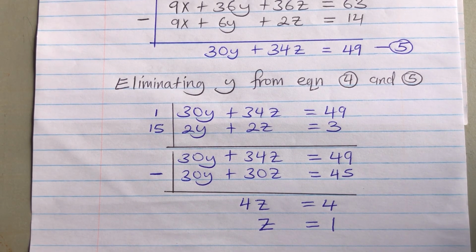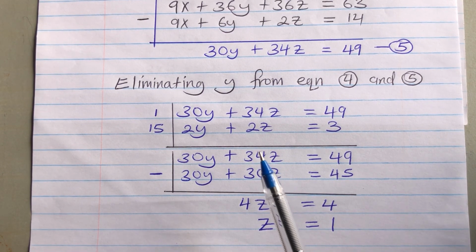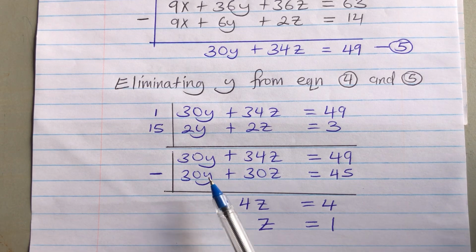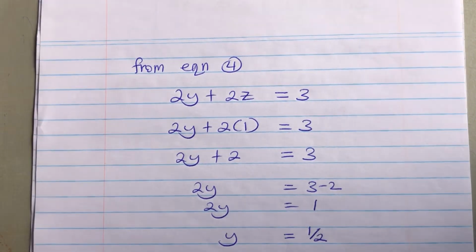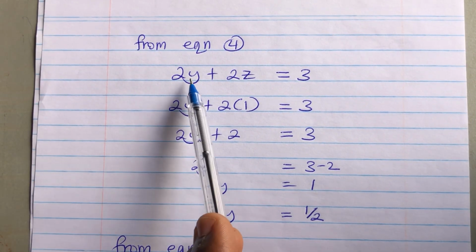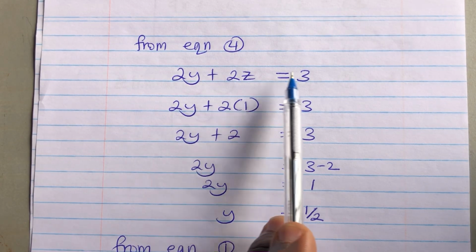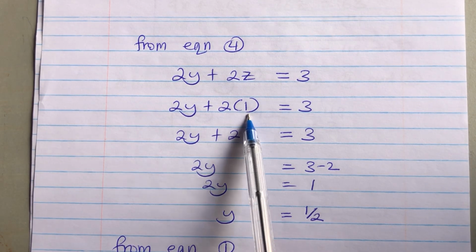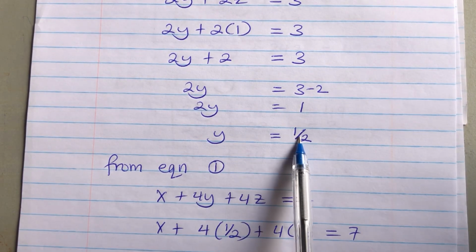So after getting z, now we shall substitute in one of the two equations, either 4 or 5, to get y. So we shall, in this case, substitute in equation 4. So from equation 4, which says 2y plus 2z equaling to 3, when we substitute for z, we shall end up with y as a half.